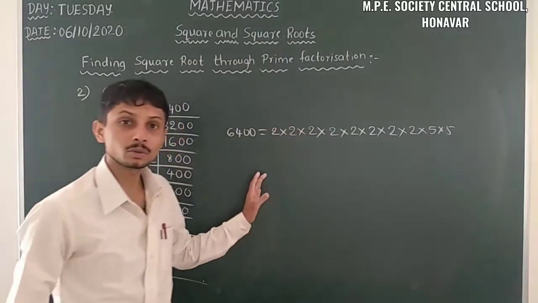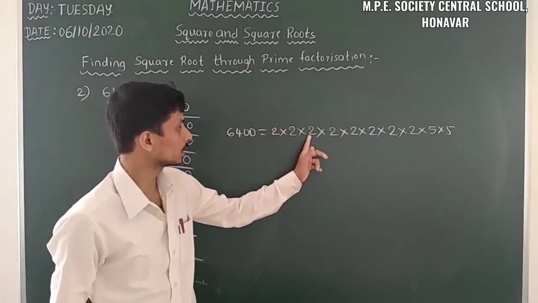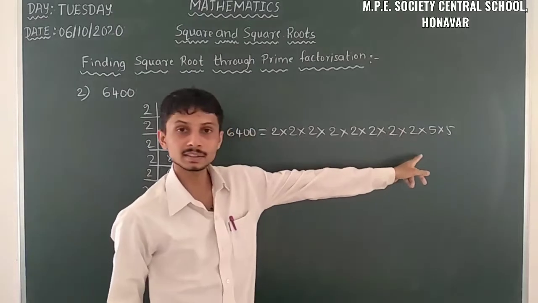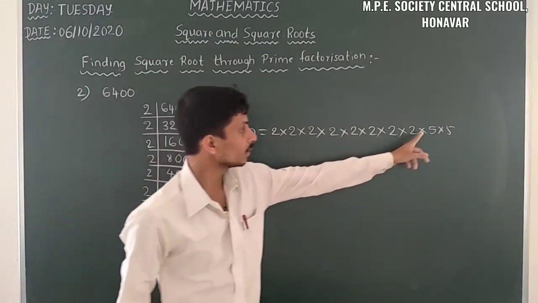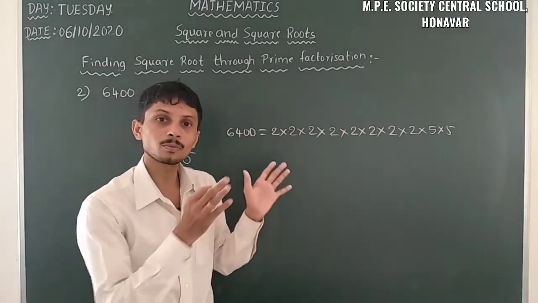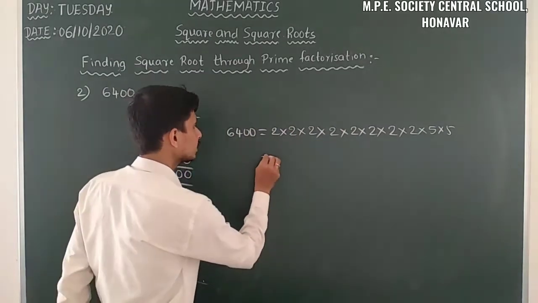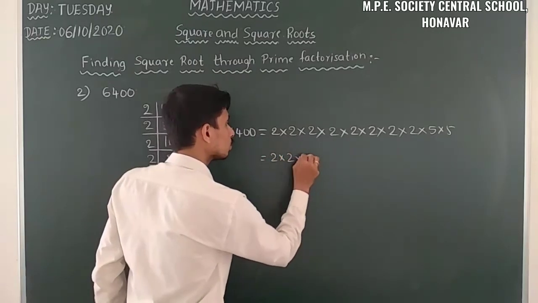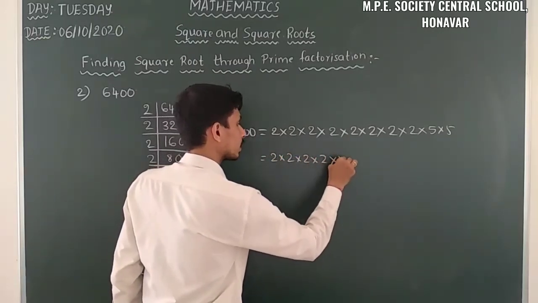Let's just observe how many 2's are there and how many 5's are there. 1, 2, 3, 4, 5, 6, 7, 8: 8 2's are there and 2 5's are there. That means we have to make a group of four 2's and one 5.